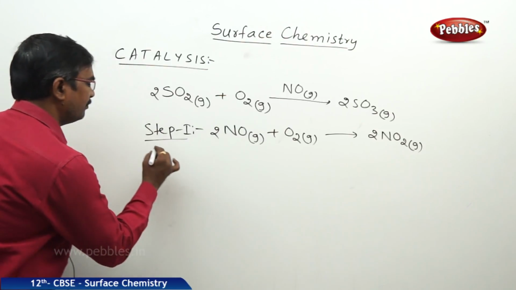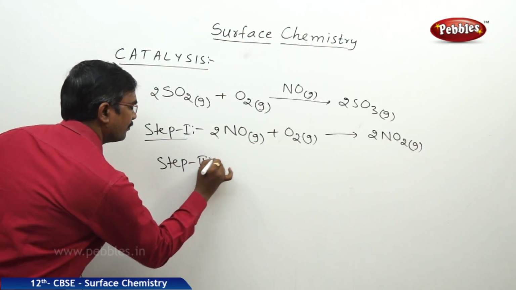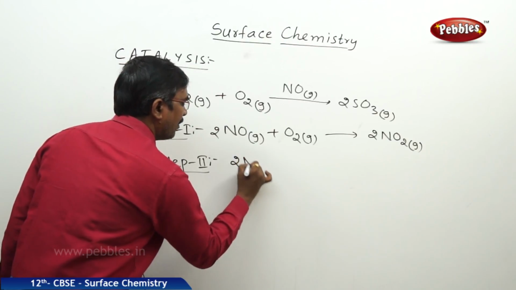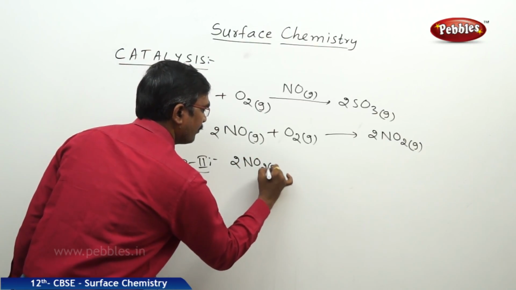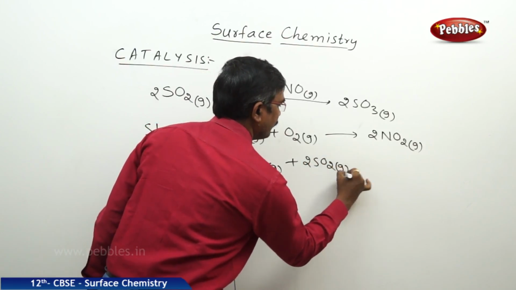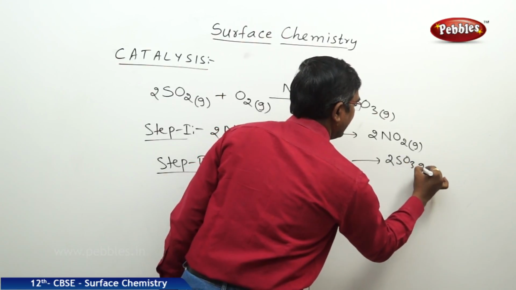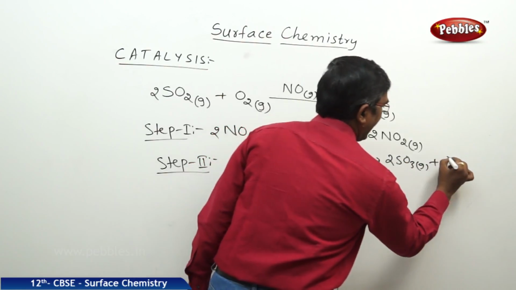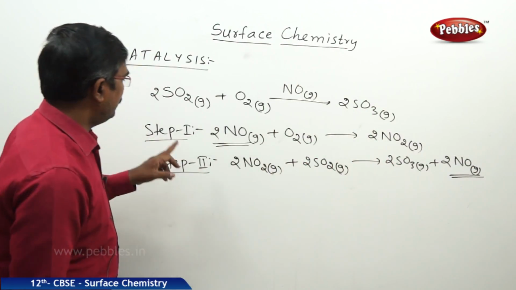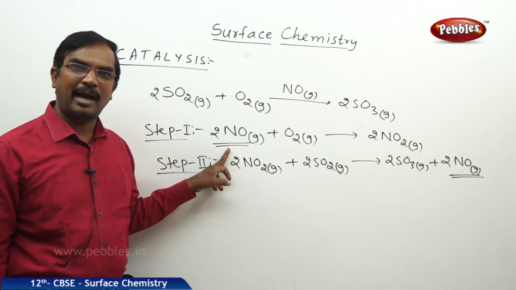So in the second step, in this example, this is the intermediate product here. Now this will combine with sulfur dioxide to give the product sulfur trioxide gas, and the catalyst is released. Here in step 1, nitric oxide is the catalyst.